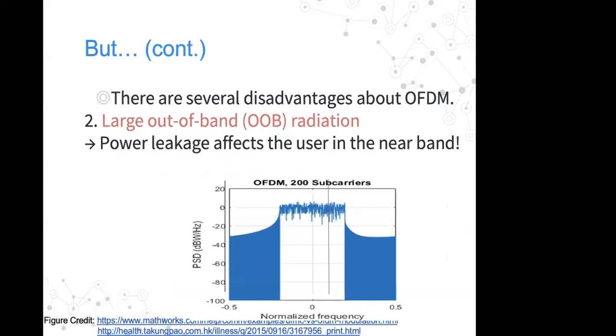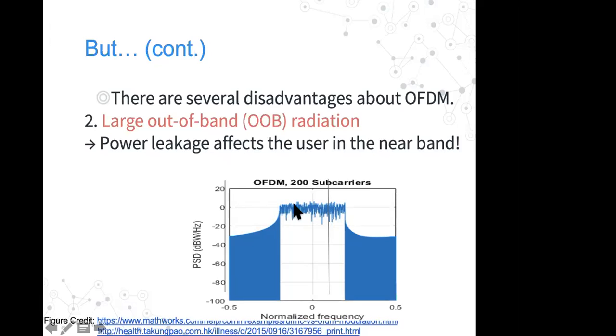There are several other disadvantages about OFDM as well. There is a large out of band radiation, where the power leakage affects the user in the near band.